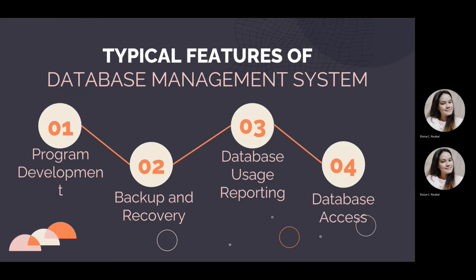But here we have the four common features of the Database Management System. The first is the program development. The DBMS contains application development software. Both programmers and end users may employ this feature to create applications to access the database. This program is the one to be used in one method of accessing the data as discussed earlier.